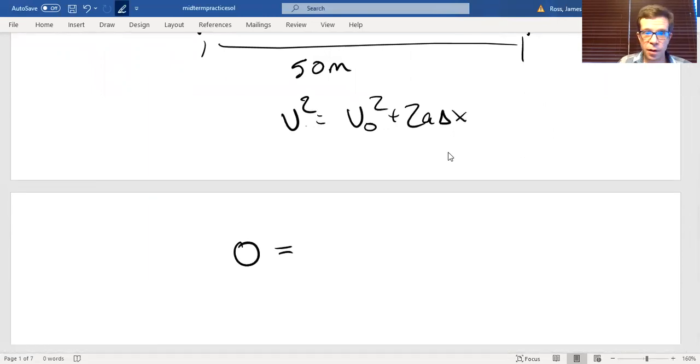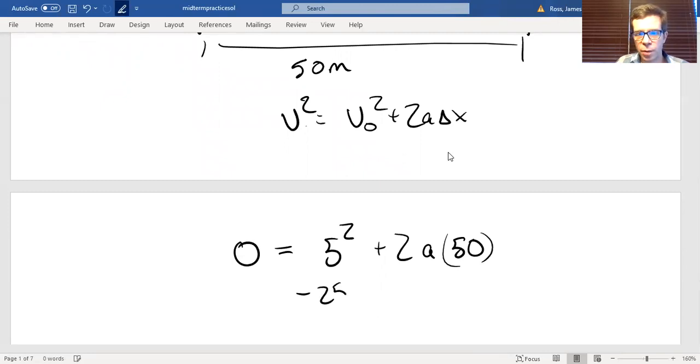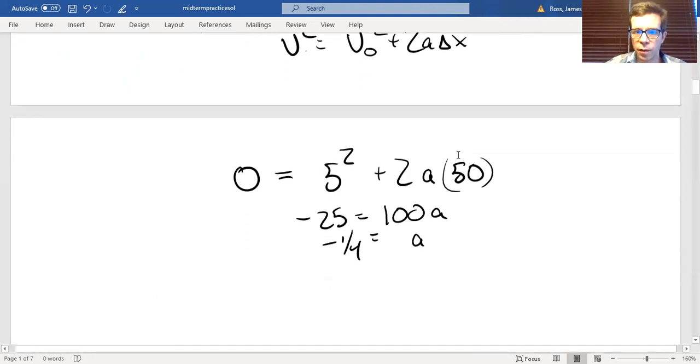The initial velocity was 5. 2 times A times delta X was 50 meters. Doing our math here, minus 25 is equal to 100A. A is minus 1/4. And the units, of course, are meters per second squared.